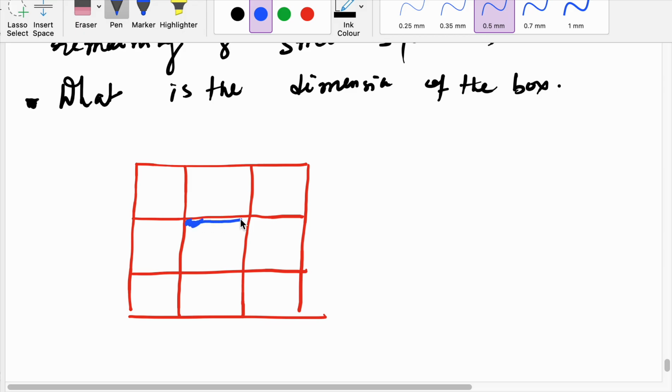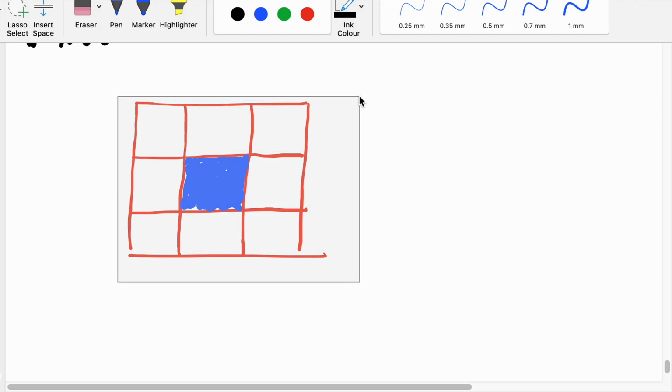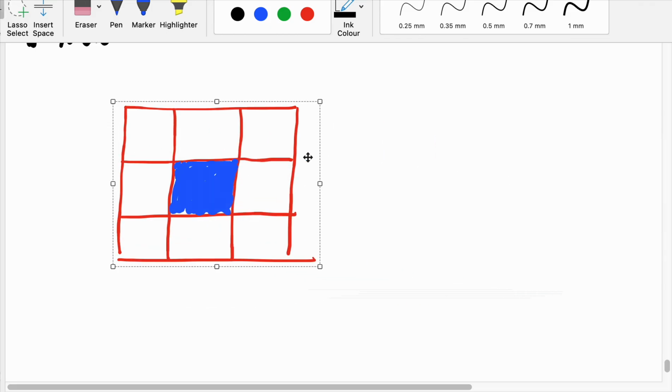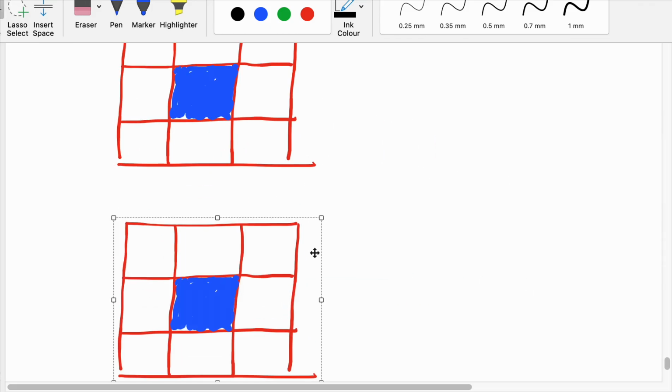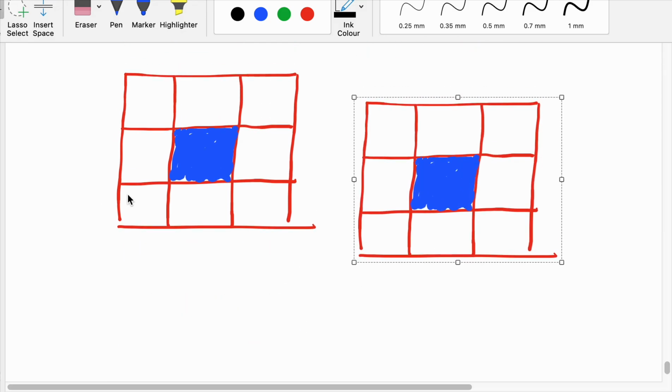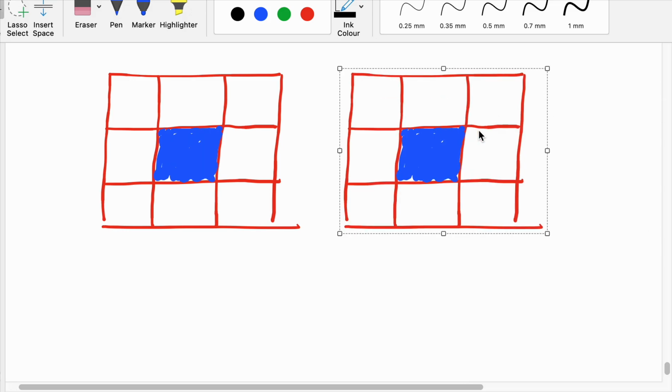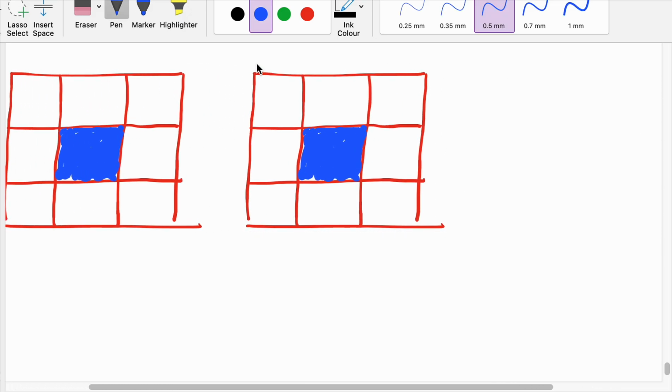So let me remove this part. Now let's repeat the same thing with the tiny, every remaining 8 things.